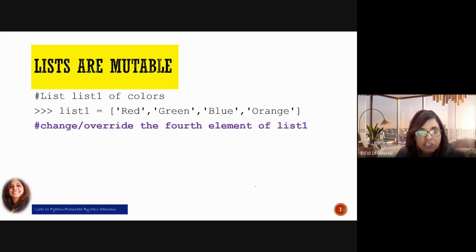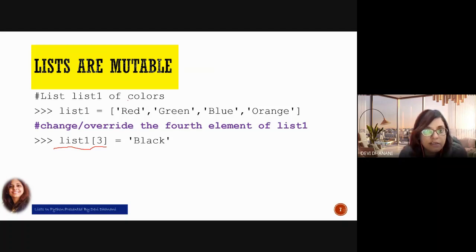Now, if we wish to change or override the 4th element of this list, what we need to do is access the index number. The index number over here is going to be 3, since we want to override the 4th element. Let's have a quick look. So here, this is the 4th element of the list and the index value is 3.